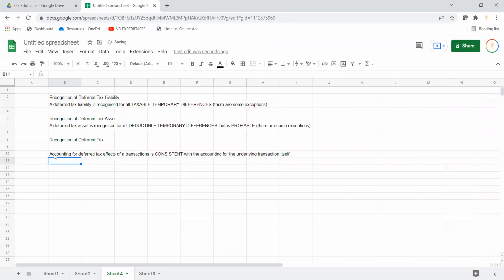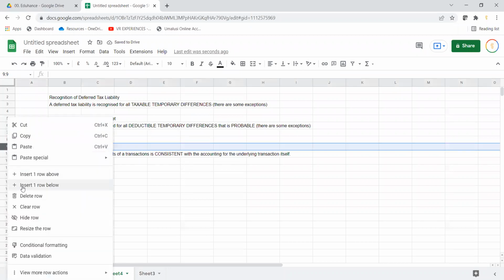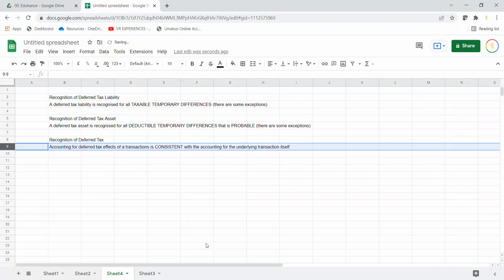Remember, tax only results from an underlying transaction.